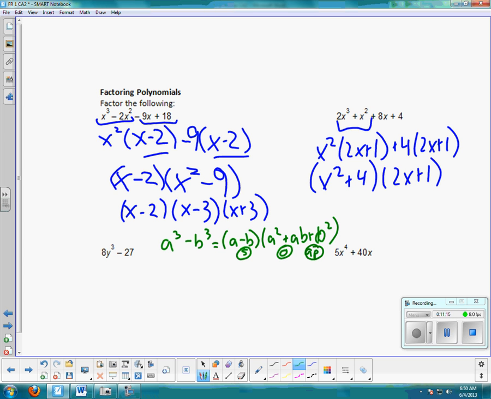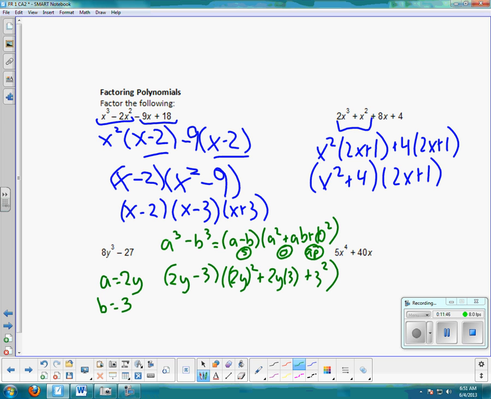So now all we have to determine is what a and b are. A is 2y, because if I cube 2, I get 8, and if I cube y, I get y cubed. B is 3, because if I cube 3, I get 27. So now, if I go ahead and plug them in, 2y minus 3 times 2y squared, I'm going to put that in parentheses because I need to square it, plus 2y times 3 plus 3 squared.